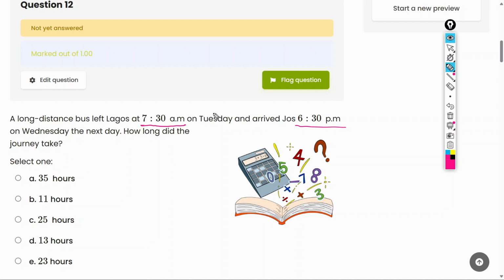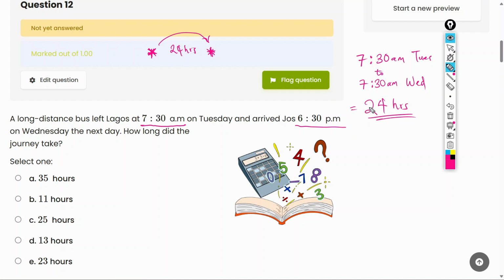So, one easy way out of this is to remember that from the same time on one day to the same time on another day, that will give us 24 hours in between. So it means that from 7:30 a.m. on Tuesday to 7:30 a.m. on Wednesday is 24 hours.